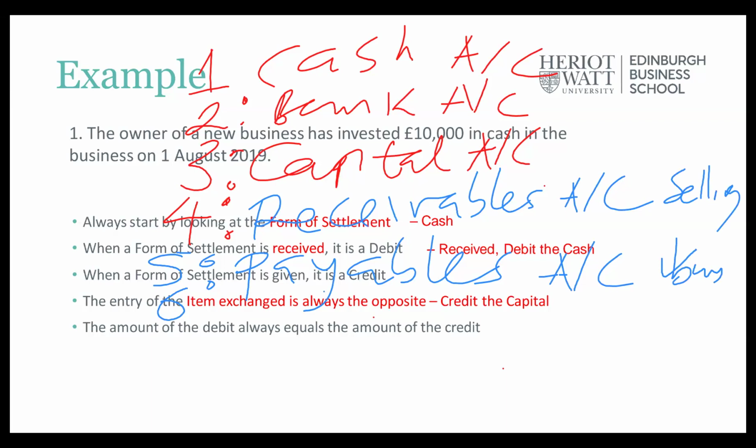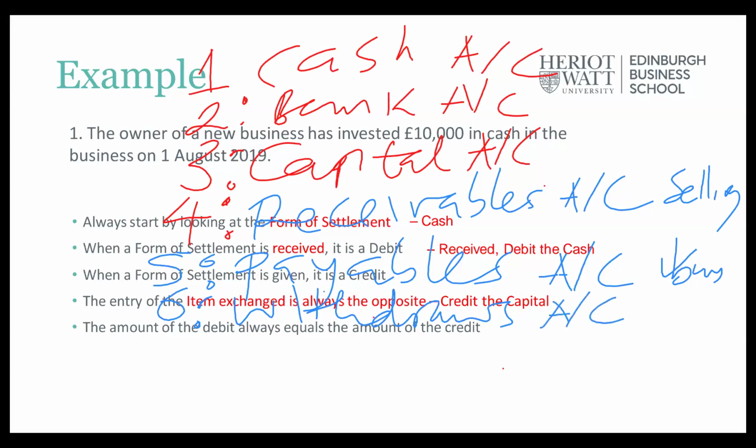Yes, sir. You also have another account which is called the withdrawals account. This is where you withdraw the money from the business for personal use. So you debit this account every time you draw money for personal use. If you withdraw cash, you debit the withdrawals account, okay?